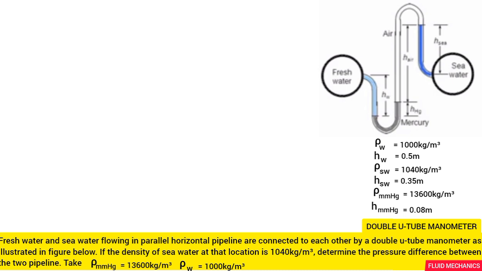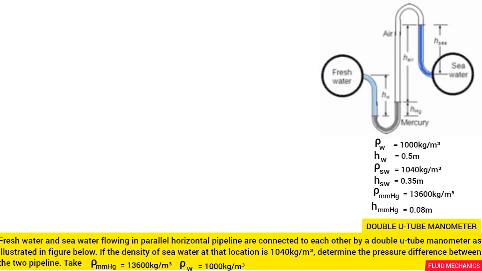Now, if you look at the manometer closely, right, we need to write out the equation that will make our work easier. So if you look at the manometer closely, we have different sections. This section you see here where my arrow is pointing is that of the freshwater. You see the freshwater here flowing in this direction, and this is the height of the freshwater, which is already given. And if you look at this from here to here, that is the space the mercury occupies, right?